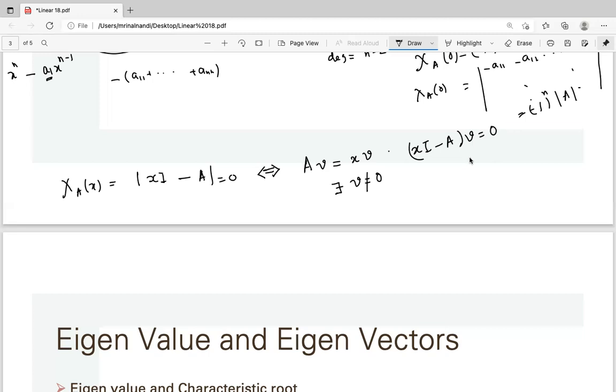That means for some x, if AV equal to xV for a non-zero V, then that x will give the determinant of xI minus A equal to 0.